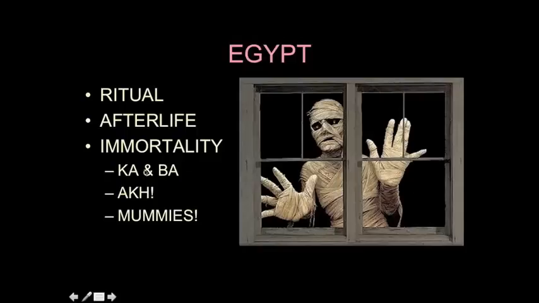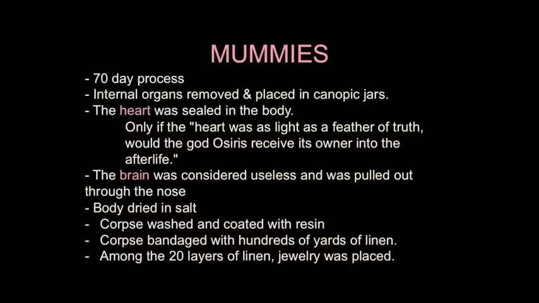The Ka is the spirit, the kind of animated spirit, the Ba is the soul, and the Ah is the reunification of these two elements that happens after death. So you need to have a vessel that can be the shelter, the new home for the body. And you make the mummy, but you also make statues as kind of backup mummies.